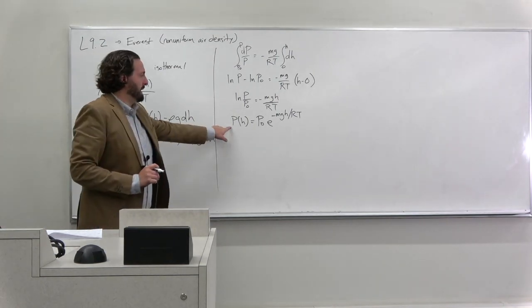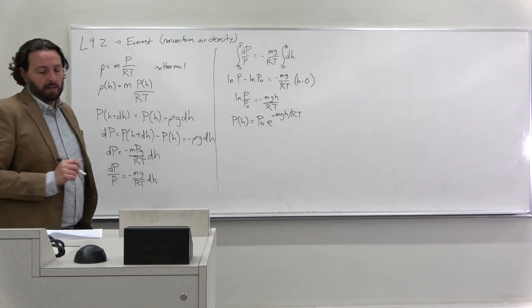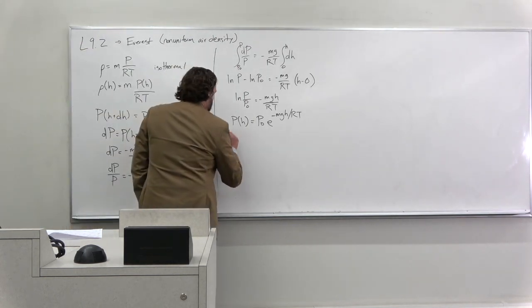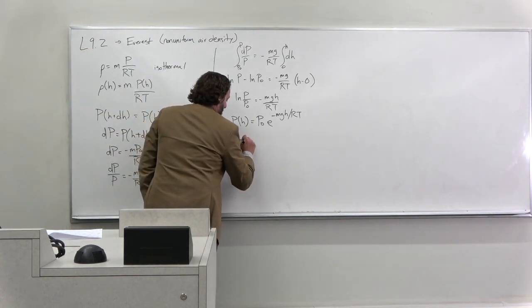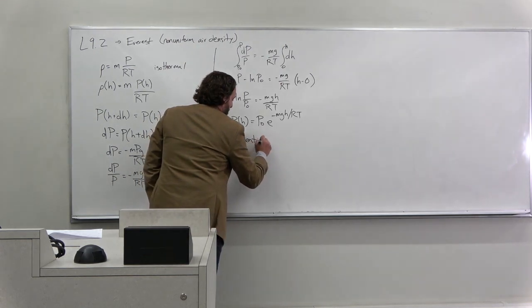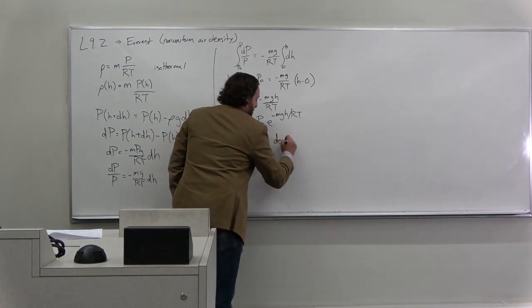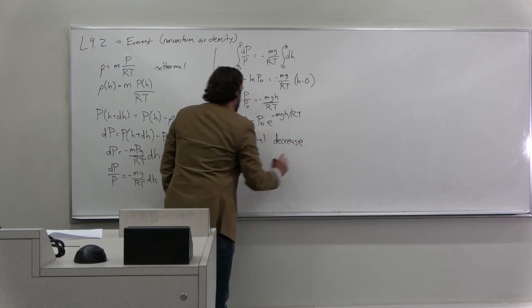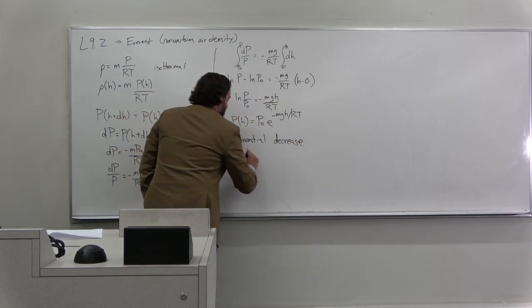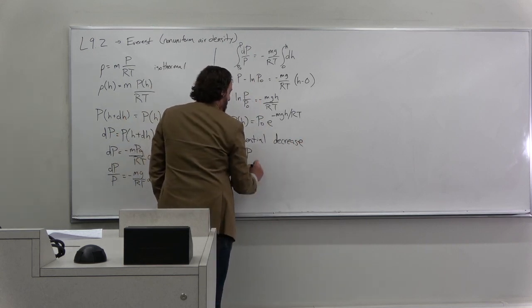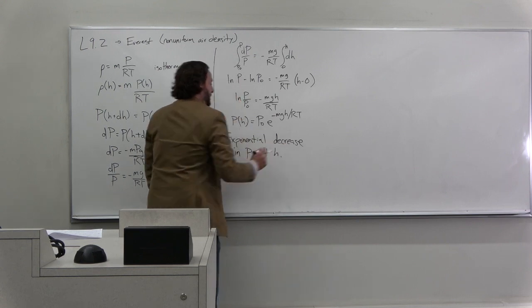So what this means is that we have an exponential decrease in the pressure with altitude.